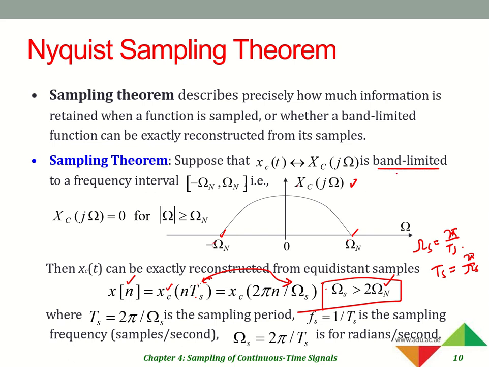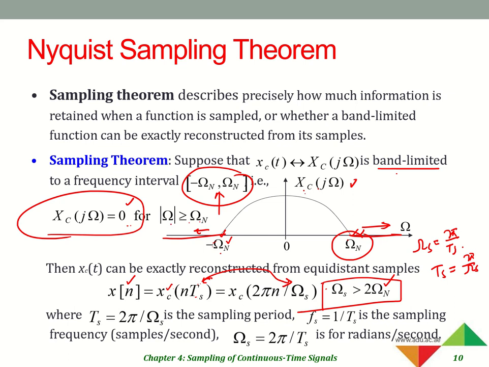Band limited means this signal exists in the interval from minus omega n to plus omega n, and for any frequency greater than omega n or less than minus omega n, this signal is 0. So for this signal, as per the Nyquist sampling theorem, the sampling frequency should be 2 times omega n.